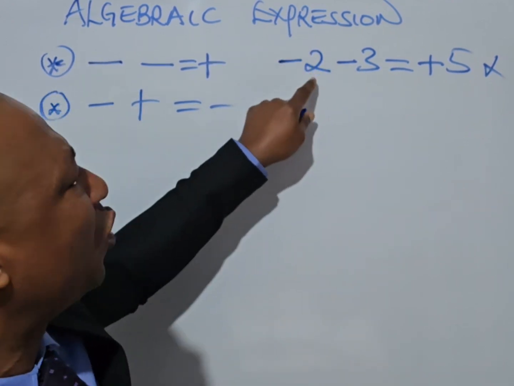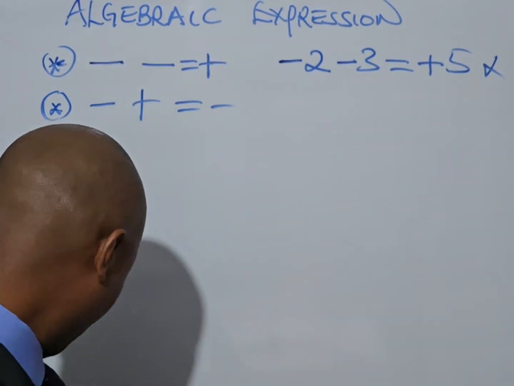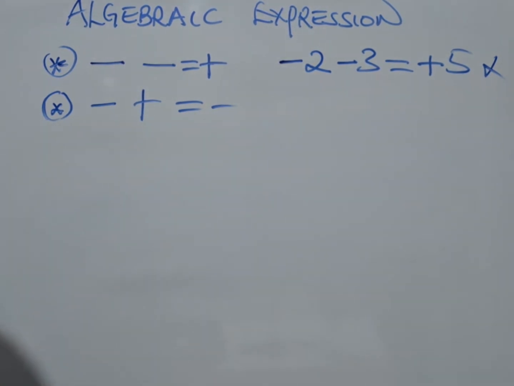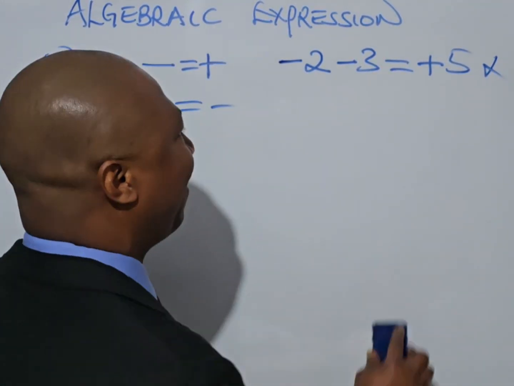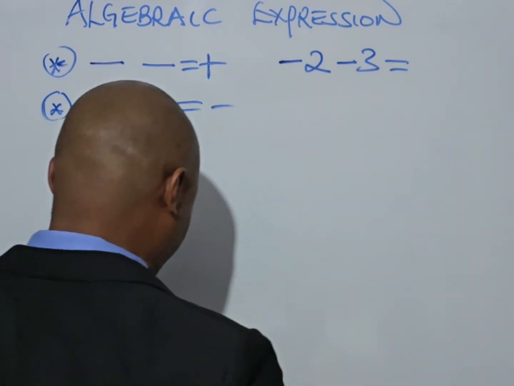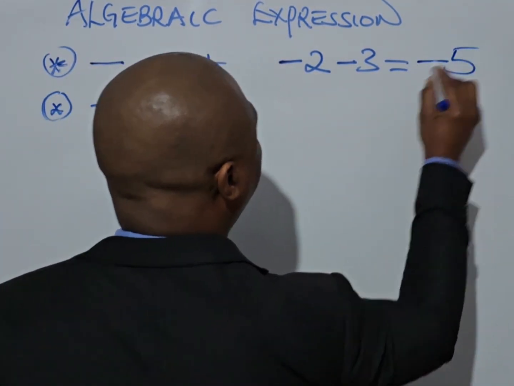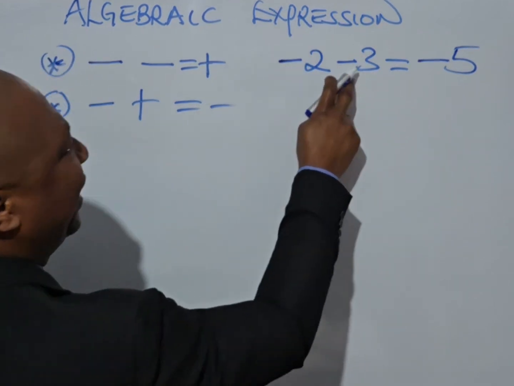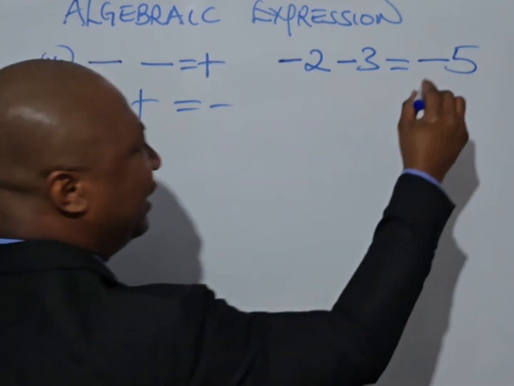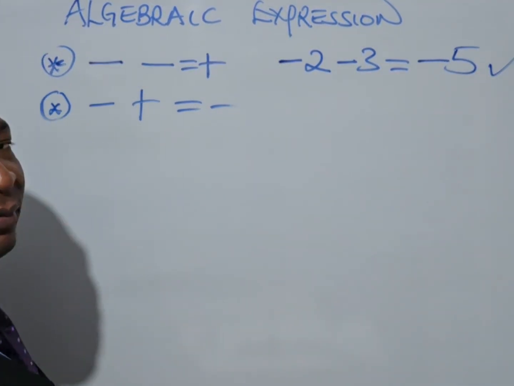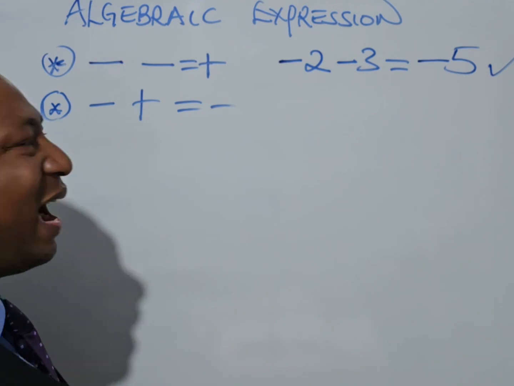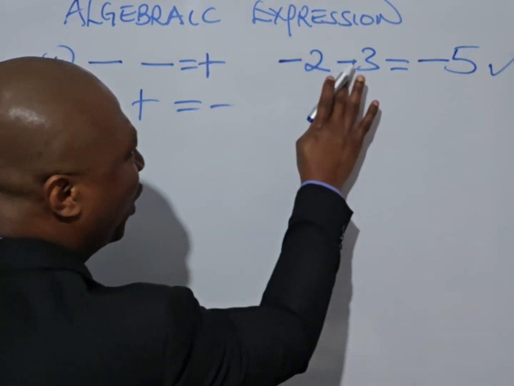So the answer to this question is not plus 5. The answer is actually minus 5. Minus 2 minus 3 equals minus 5. How?